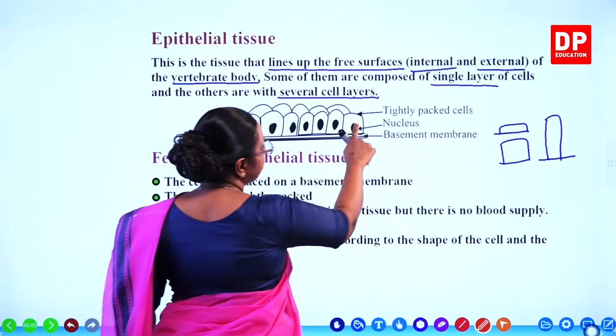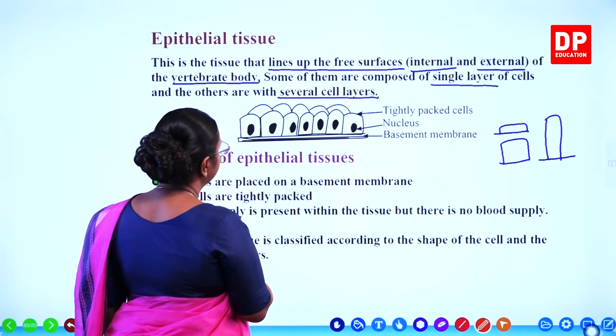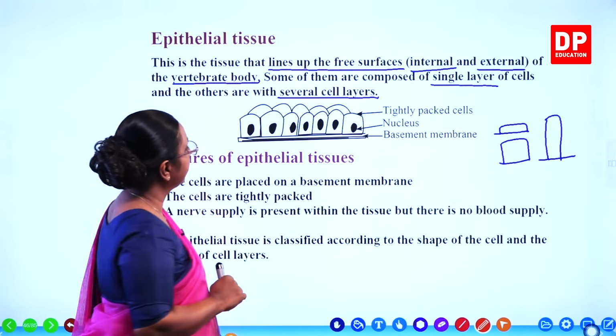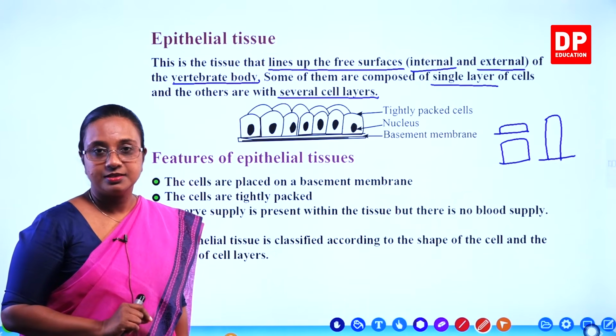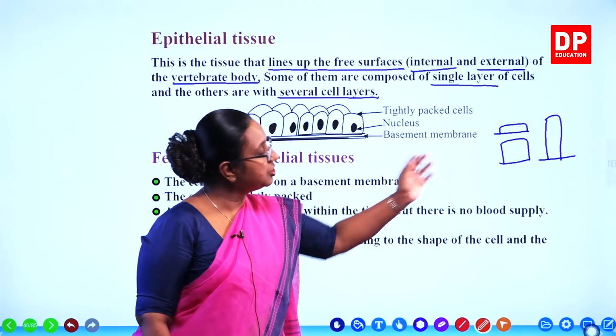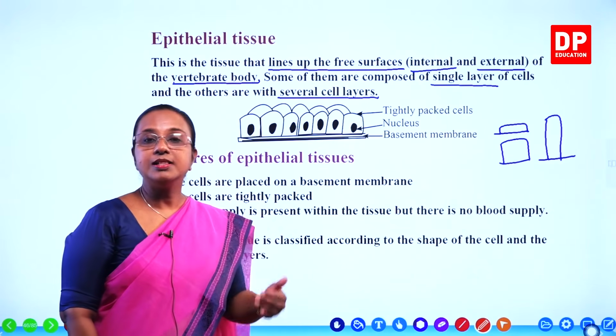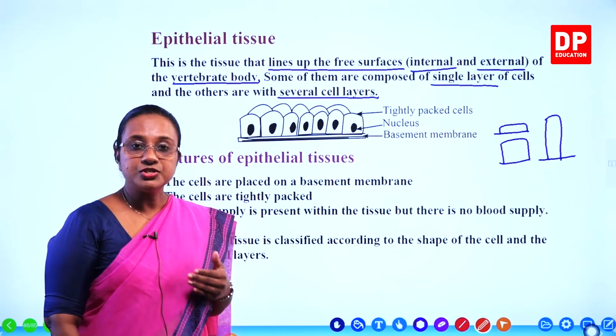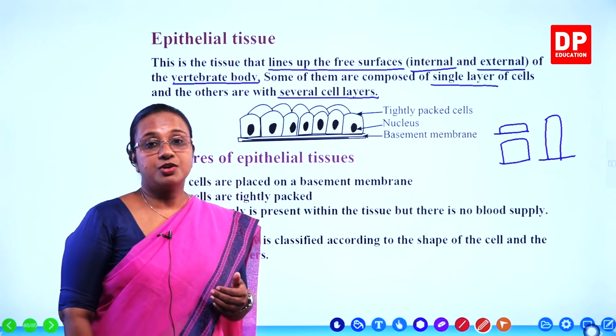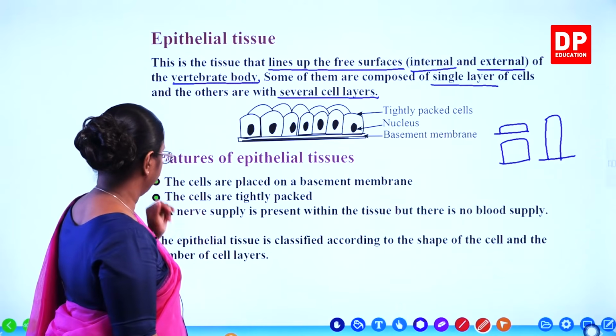So here you can see tightly packed cells. And in the middle of the cell, you can see a very distinct nucleus. Irrespective of the shape of the cell, all the cells will have a nucleus. So those are the features of epithelial tissue.